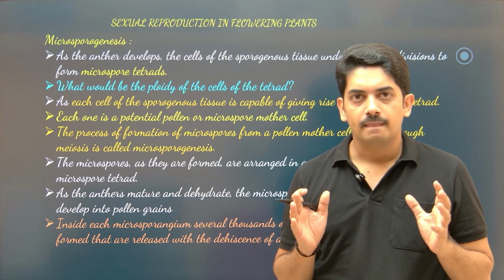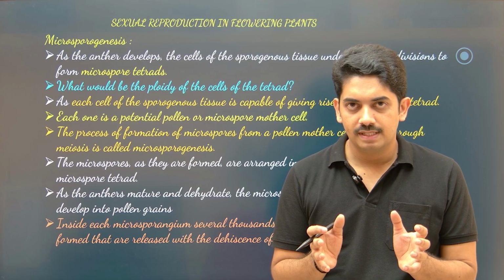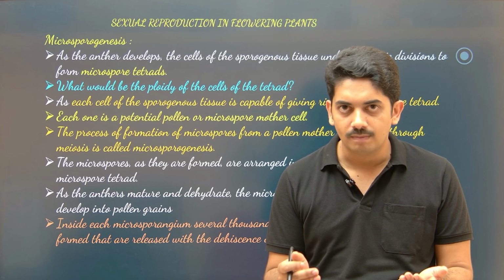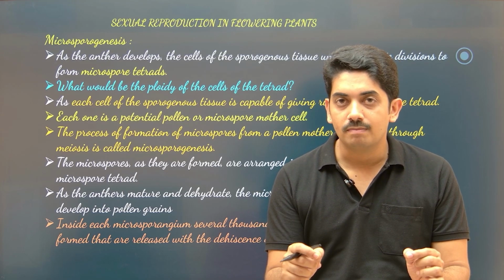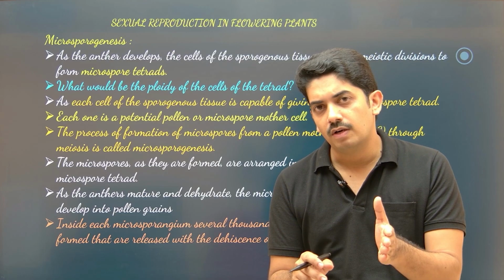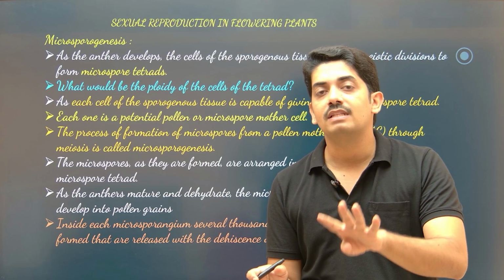Now imagine, inside the microsporangium, sporogenous tissues are present. These sporogenous tissues later become microspore mother cells. Now microspore mother cells undergo meiosis. In the first meiotic division, they form a dyad. In the second meiotic division, they form the tetrad.